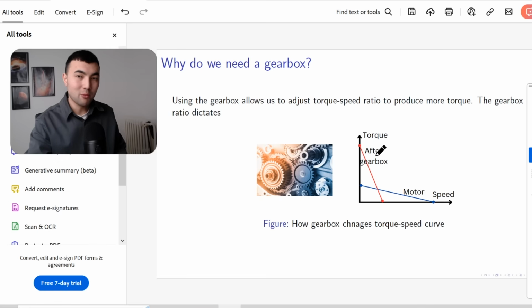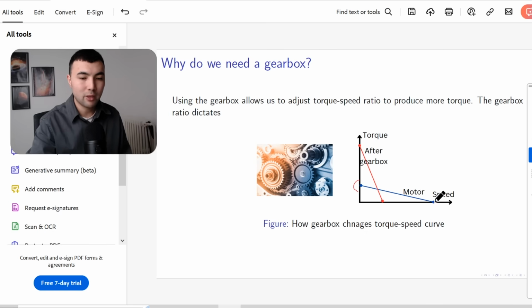The problem is that if we don't use a gearbox, we usually have the torque speed curve plotted by this blue line. We can generate a lot of velocity using the motor, but it can withstand little torque.